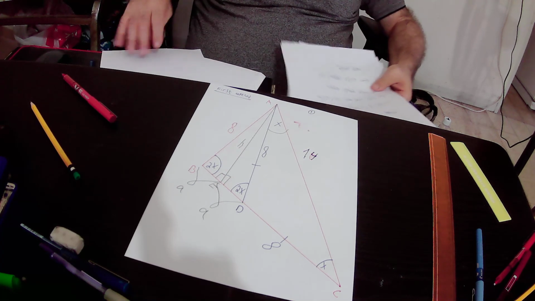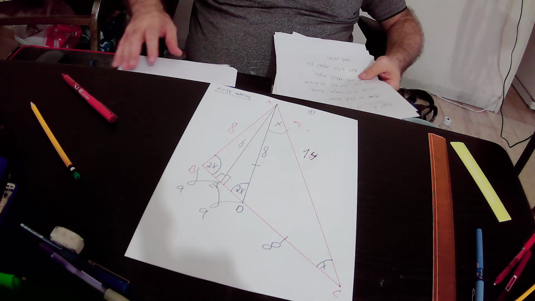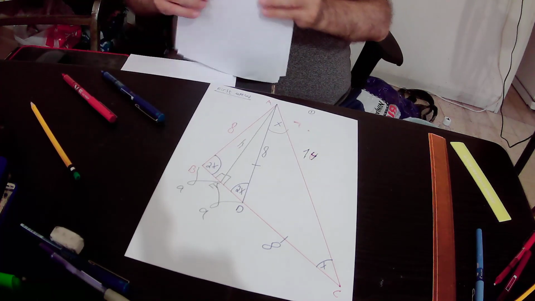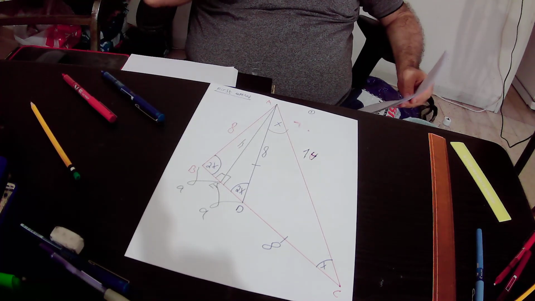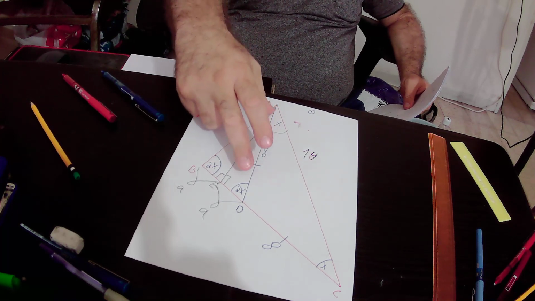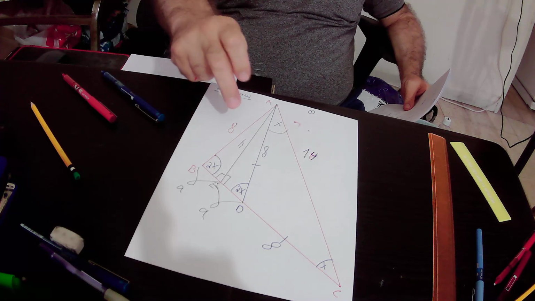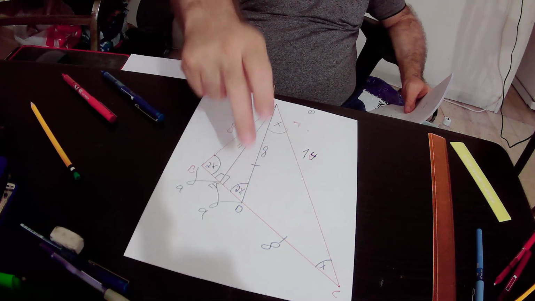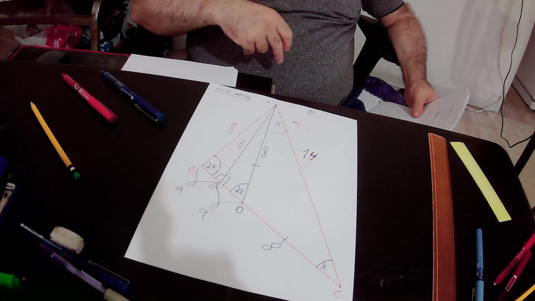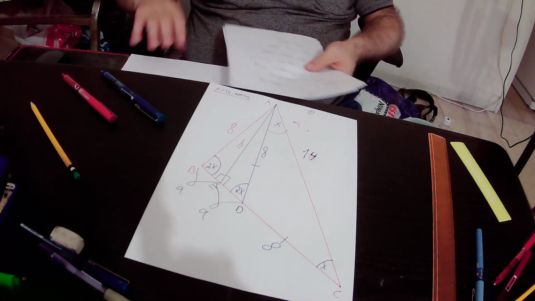So in the first method, actually we draw line segment AD in such a way that this angle is 2x, like this angle that is also 2x, and we have rule number 1.